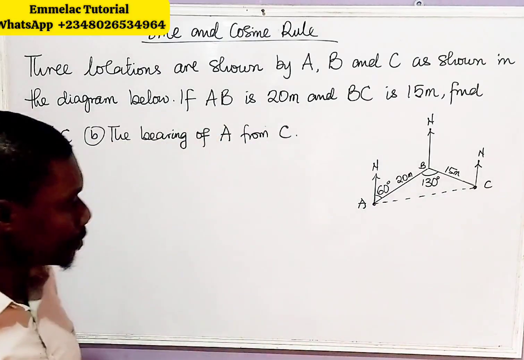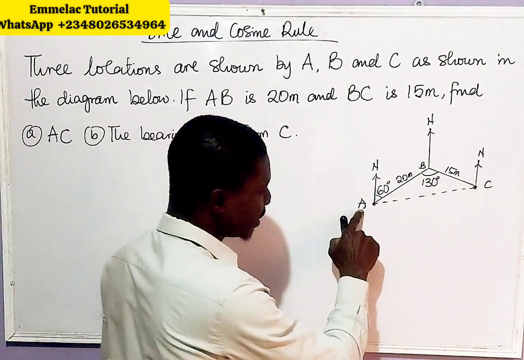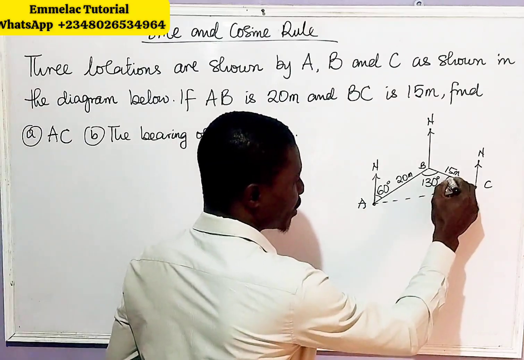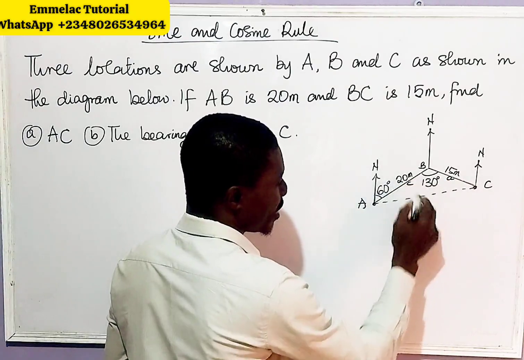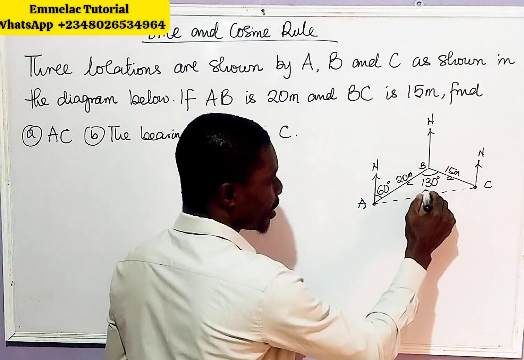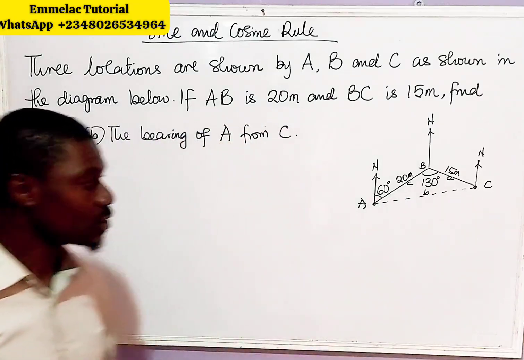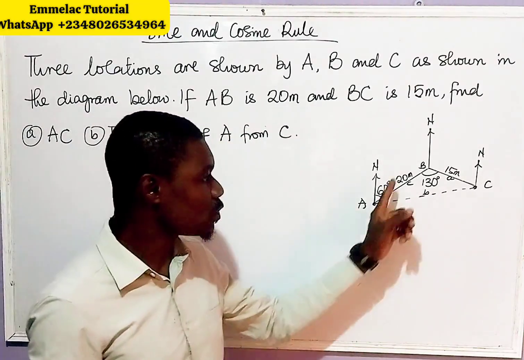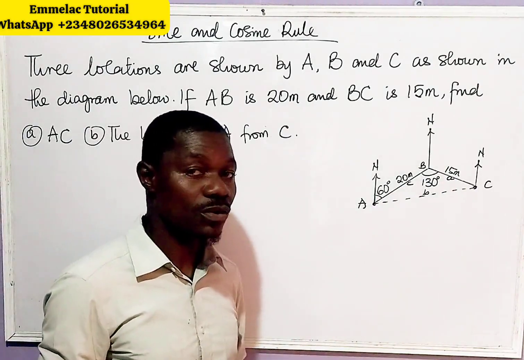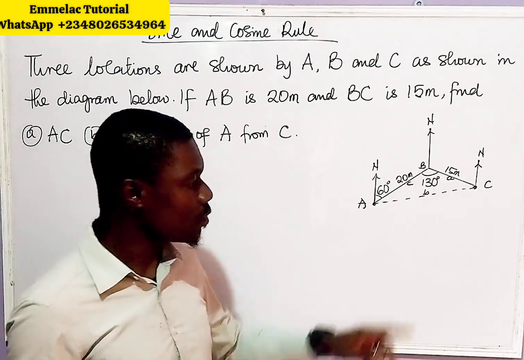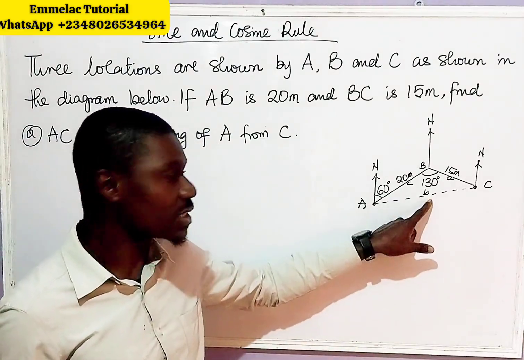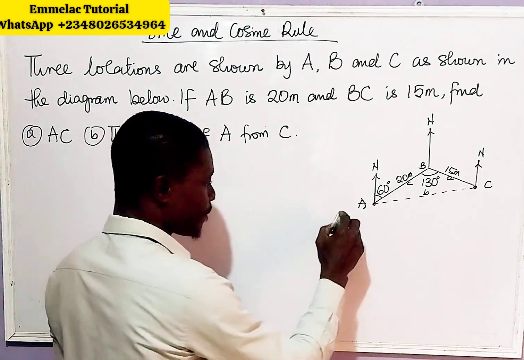Since here is A, this side is small letter a, here is C, small letter c, and here is B, small letter b. Now since we have two known sides and one angle, I will be making use of the cosine rule, and we'll be starting with the unknown side, which is b.